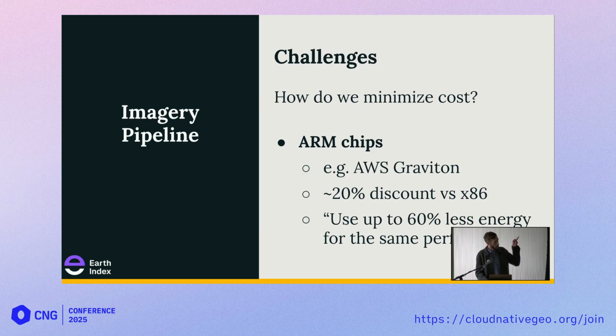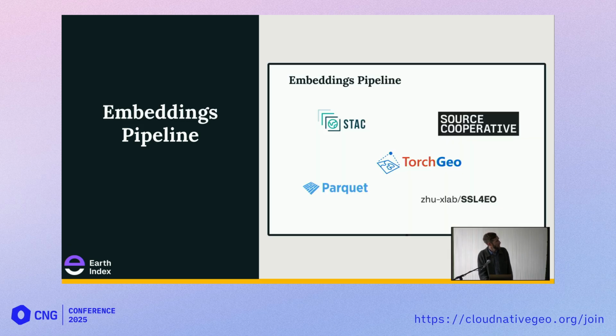So in AWS, ARM chips are generally about 20% cheaper than if you were to use the same compute resources on an x86 architecture. Part of that's because they use less energy. Fewer kilowatt hours equals fewer emissions, which is great. So once we have all of our cloud-free imagery mosaics, we can generate embeddings.